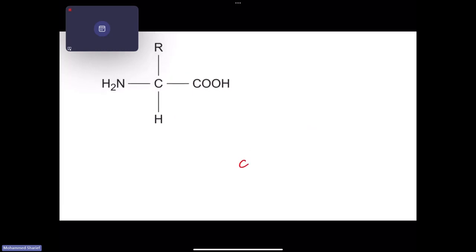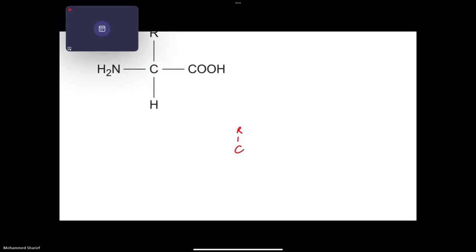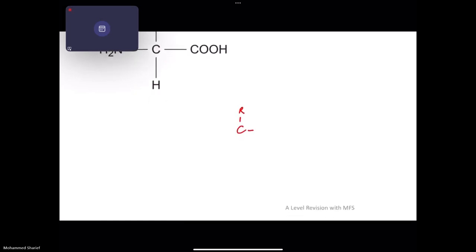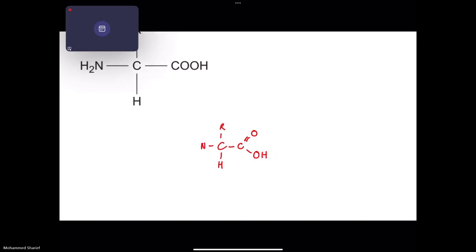Okay, so this structure I'm just going to redraw. This is an amino acid, by the way. So an amino acid is a monomer. And remember, many monomers come together to form a polymer. So we've got this monomer.